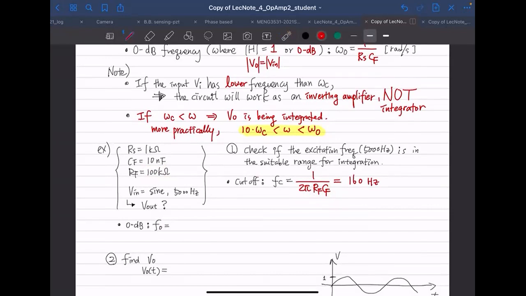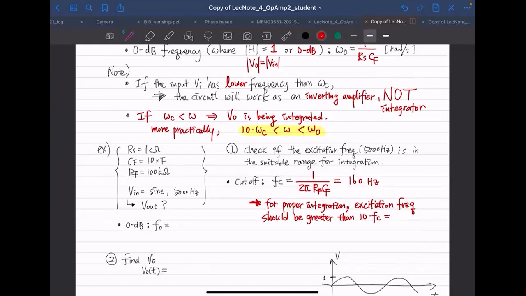So from here we can say that for proper integration, the excitation frequency should be greater than 10 times FC, right?